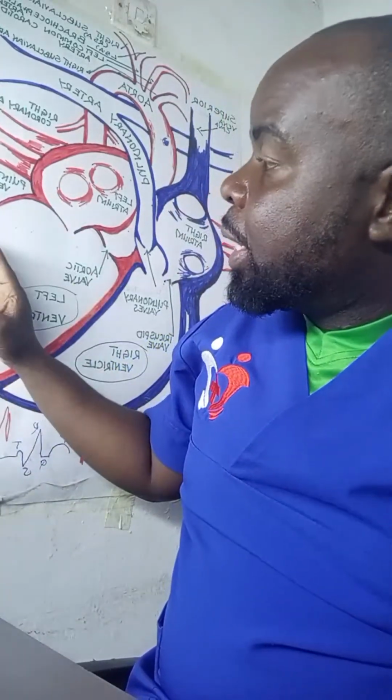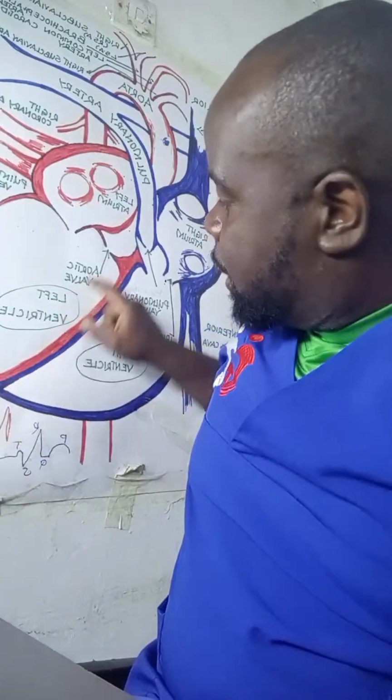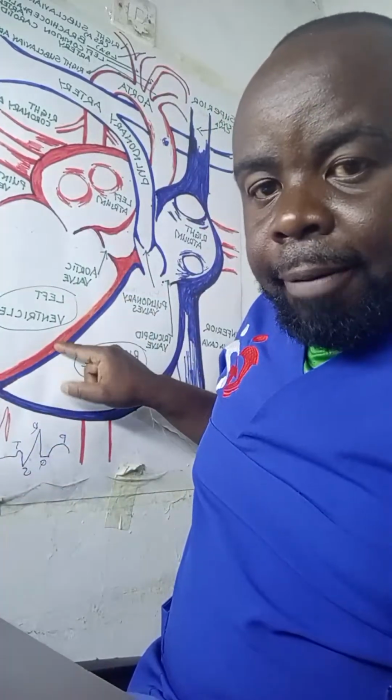Most commonly it affects the interventricular septum, the one that separates the right and the left, the oxygenated and deoxygenated blood.